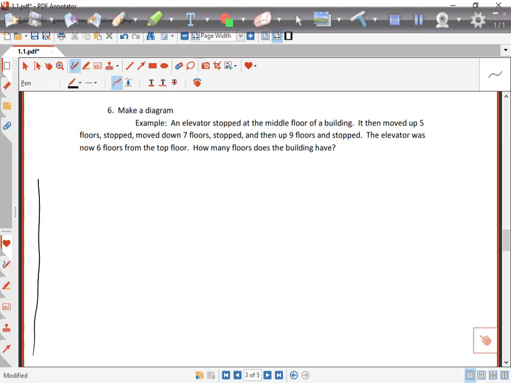So we have this big tall building. We start in the middle. The first thing it does, it moves up 5 floors. Then it moves down 7. That means it's going to go past the middle floor, so it's going to be below by 2.